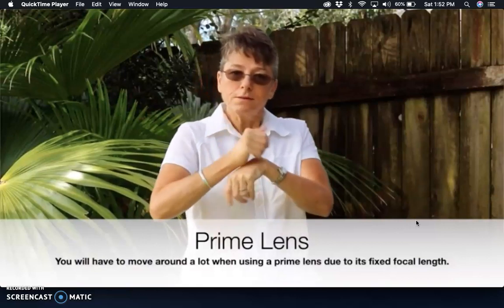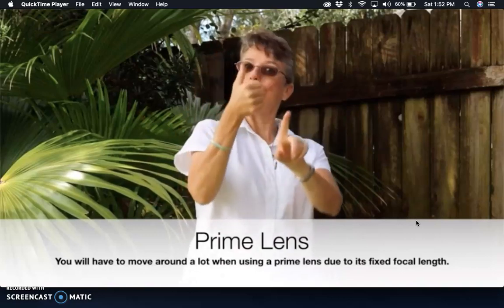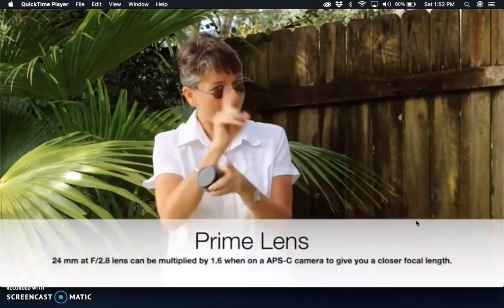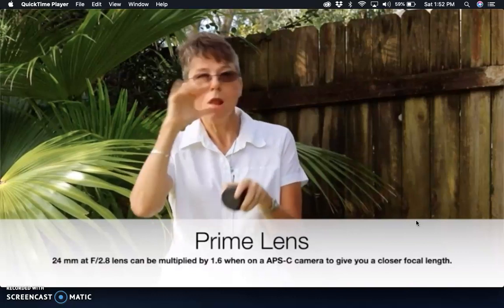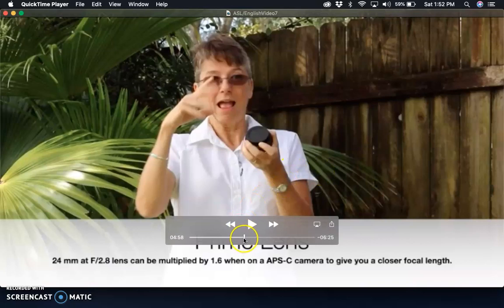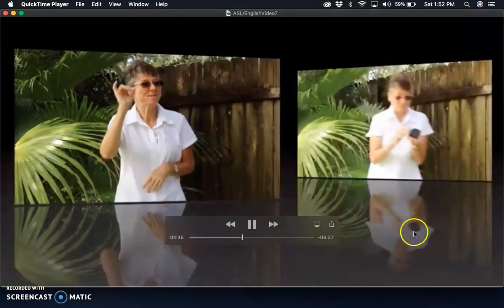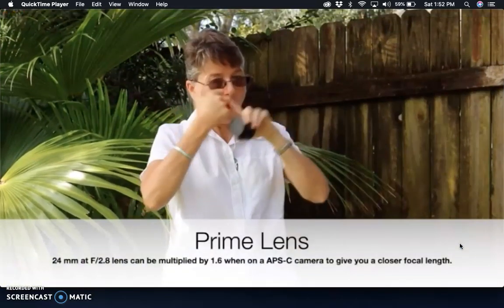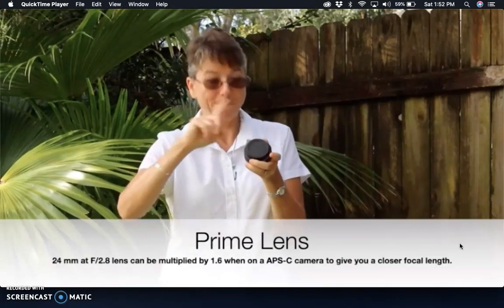Now, again, the prime lens, you have to walk back and forth in order to change the distance of your subject, but with a zoom lens, you don't have to. Now, in my prime, this 24 millimeter, but remember with my camera, because it has a crop sensor, you have to multiply it by 1.6.